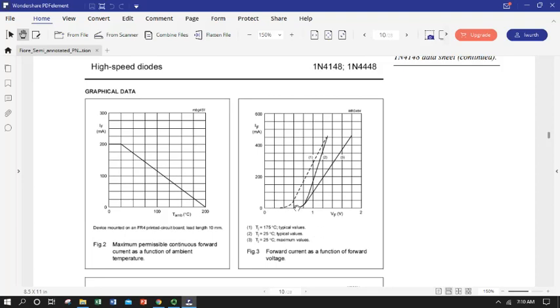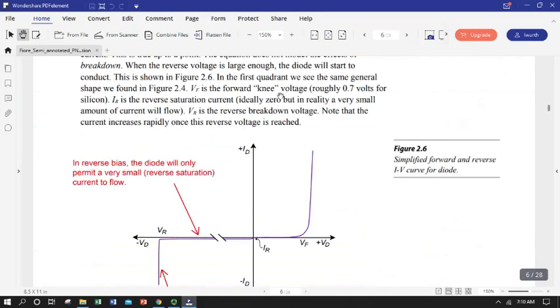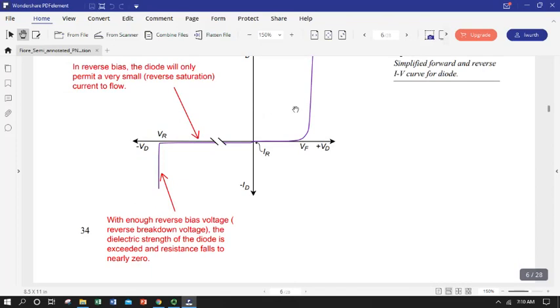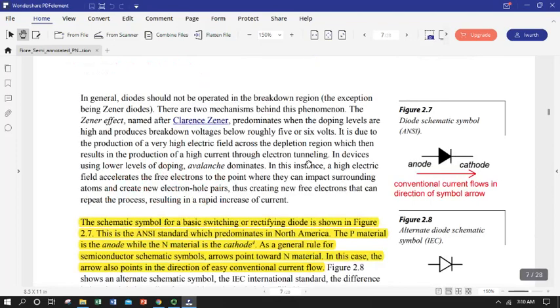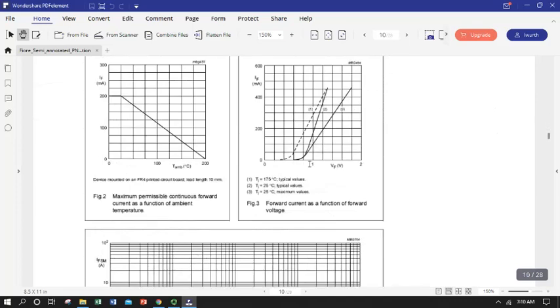And we have a blow up of the knee of our forward current versus forward bias applied voltage, a very device specific blow up of this portion of our current versus applied voltage curve. So that's the one we're usually interested in when we're looking at a circuit.